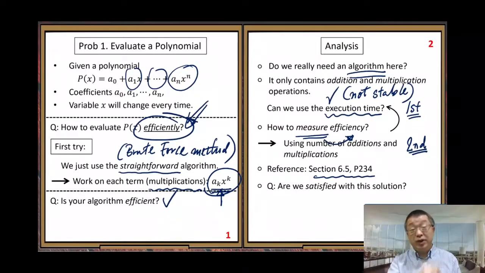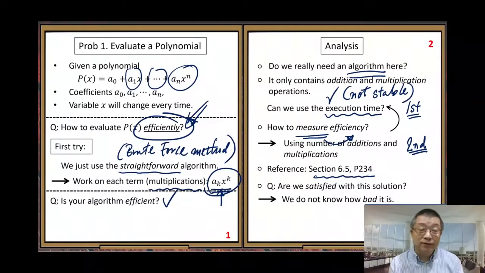So we need to delay this question. At this point, we do not know how bad it is, and also how good it is. We know nothing, so we need to do some analysis work.